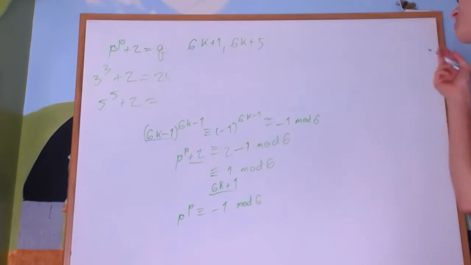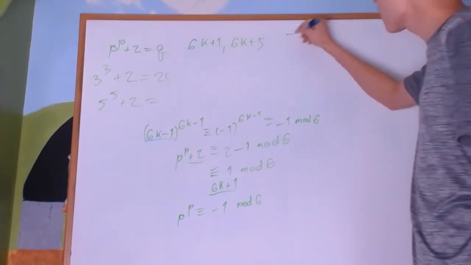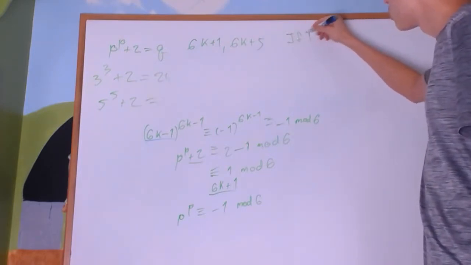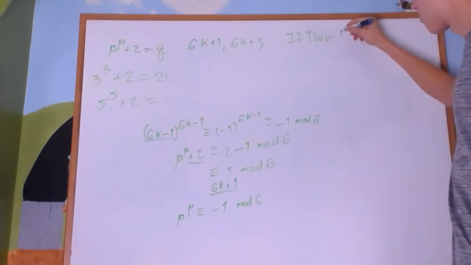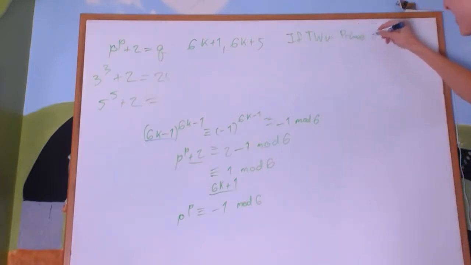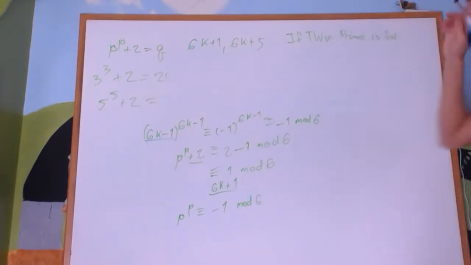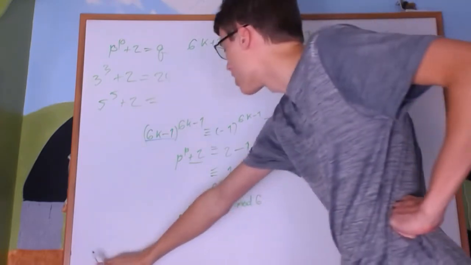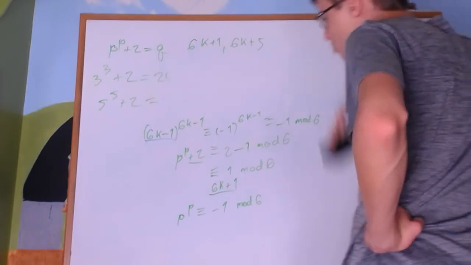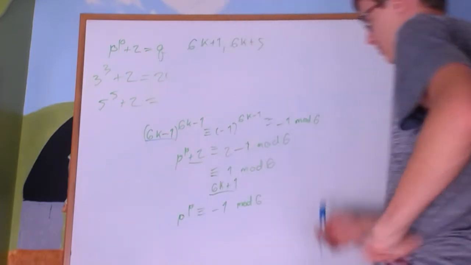And so if the twin prime conjecture is false... No, I can't do that. Yeah, because one of them could be prime and then the other one wouldn't be prime. So that's weird.